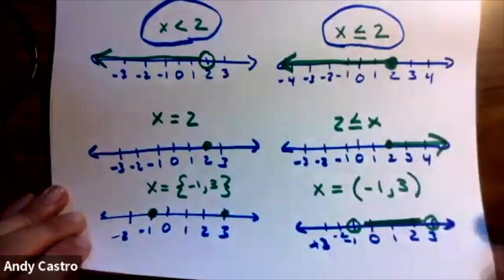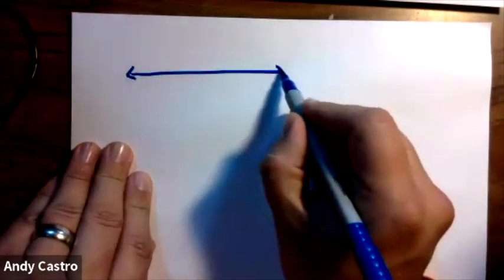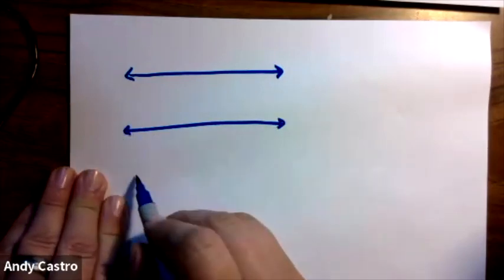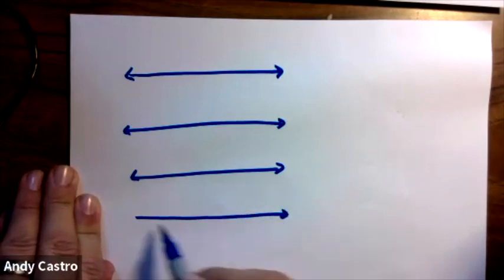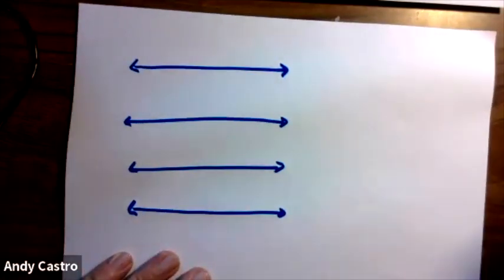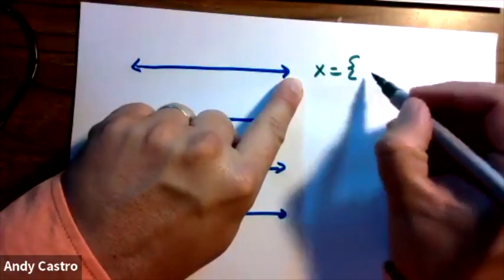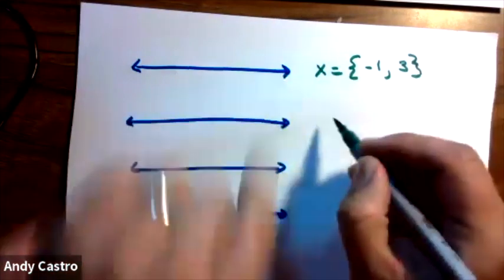So we'll look at another set like this. In fact, let me show it to you side by side, or stacked on top of each other, I should say. All right, so this one will be x is equal to, we'll use the curly brackets, -1 and +3.